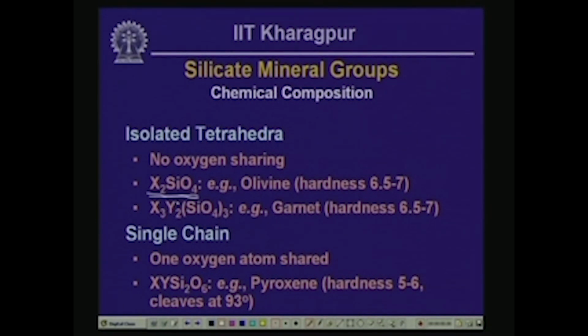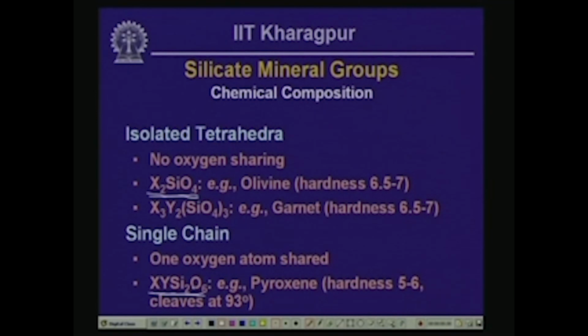Now, let us move on to the single chain. In a single chain, we noticed earlier that you have one oxygen shared, and the chemical formulae of this class of minerals typically look like this: XYSi2O6.